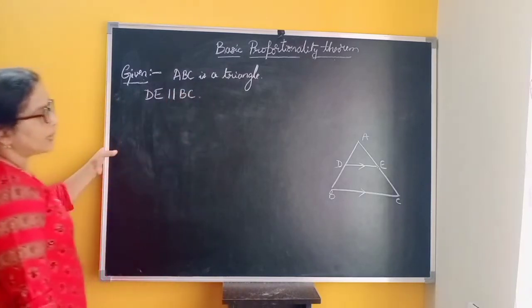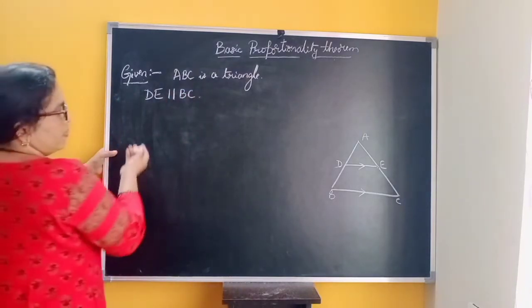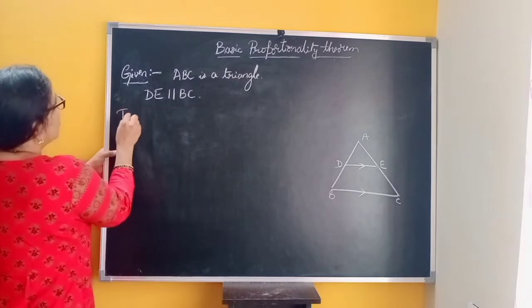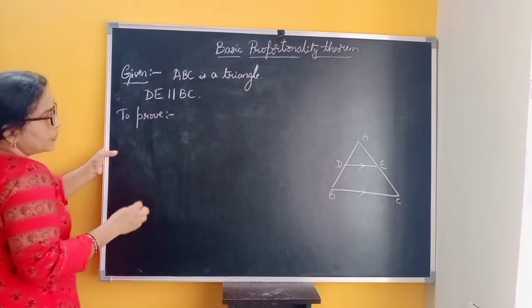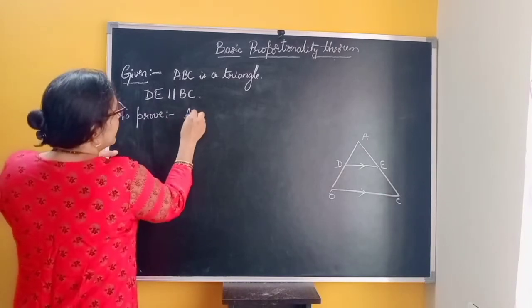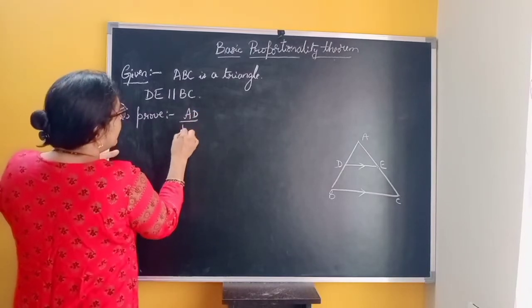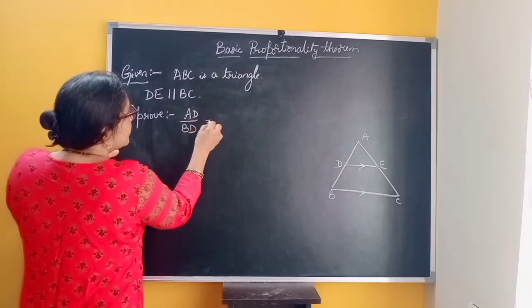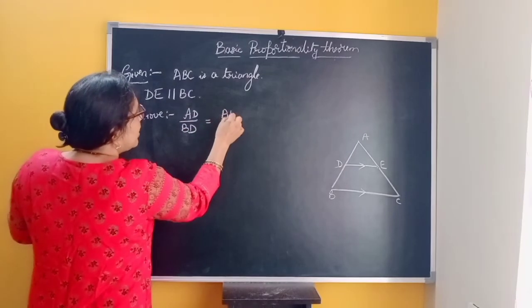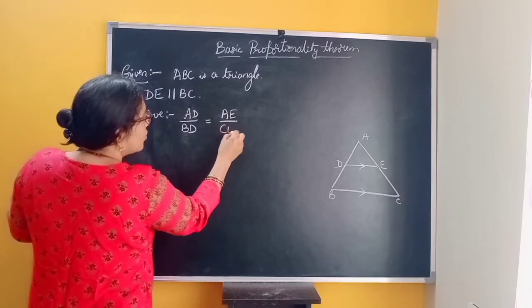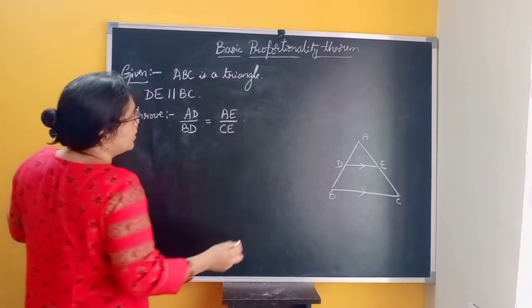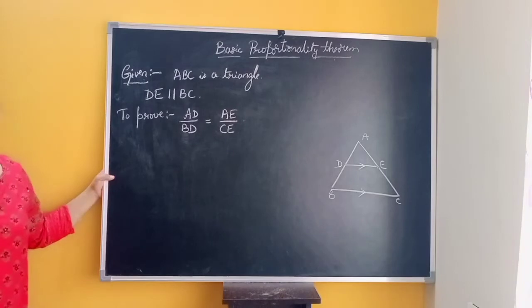Now, what to prove? We need to prove AD by BD, or DB, is equal to AE by CE, or EC. This has to be proved.